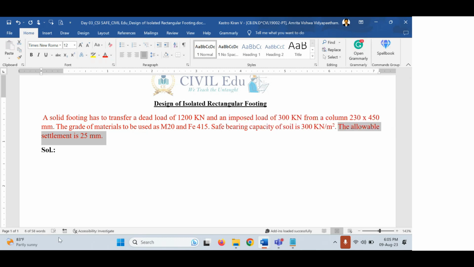More than that is not allowed, because if the settlement goes beyond 25 mm, then obviously the column member or the entire footing or foundation itself will fail. So in general, we assume the allowable settlement as 25 mm, the maximum settlement that should be experienced by the footing.